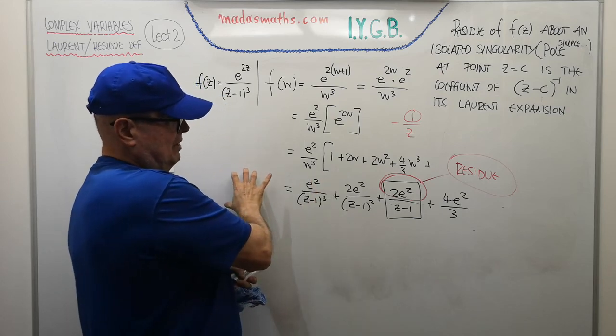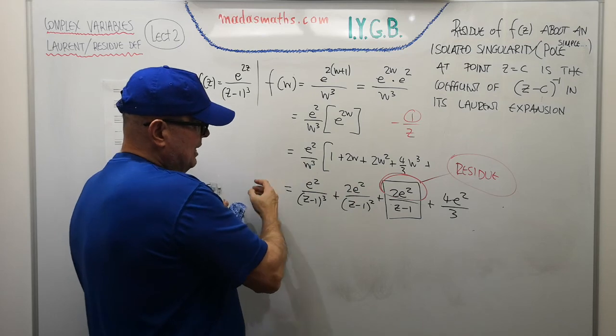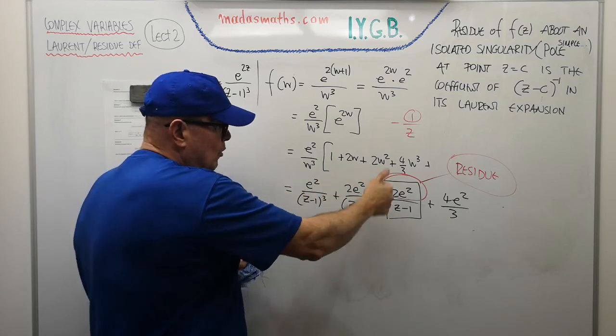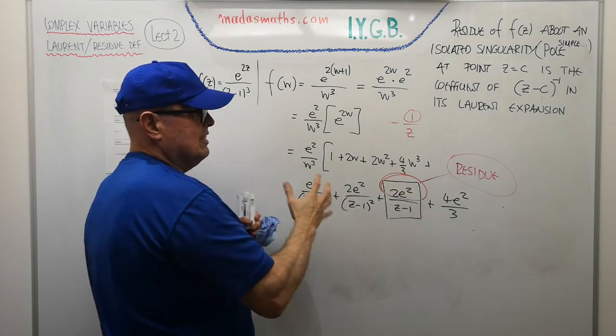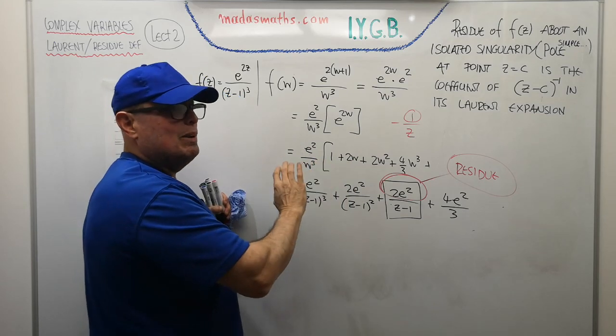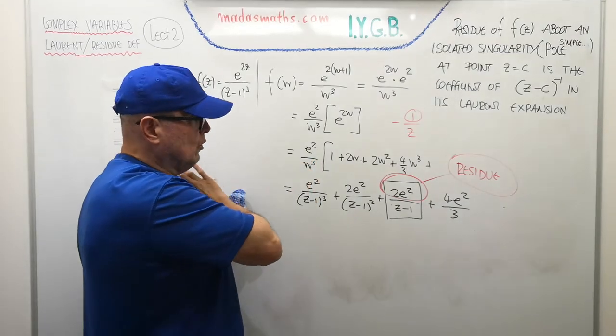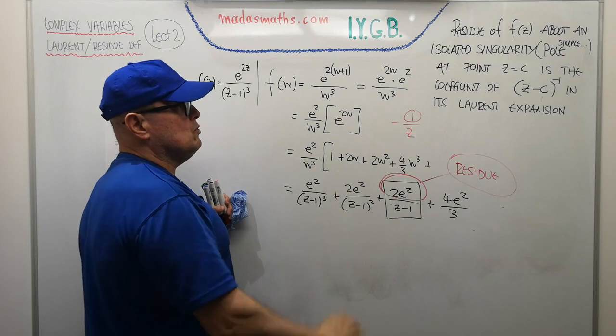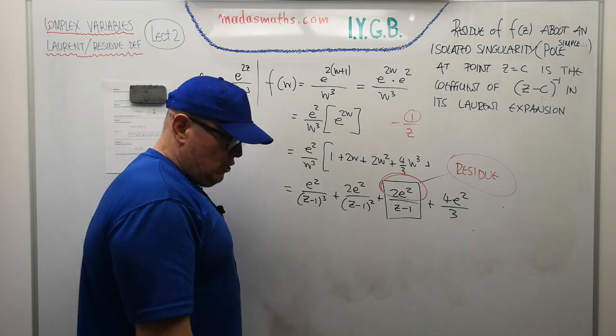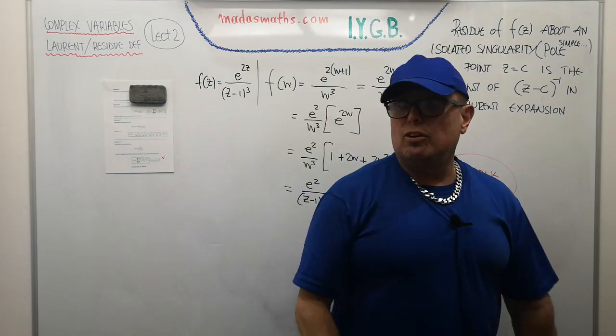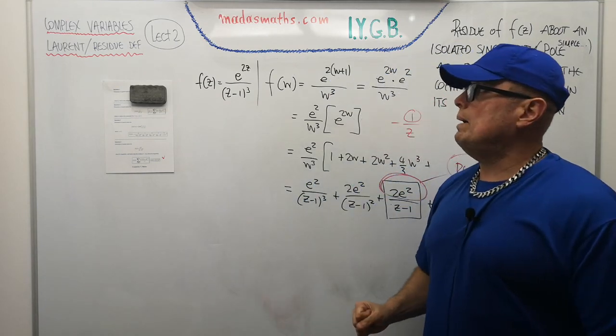You're timesing something by something in order to kill some of these terms, in order to read off this coefficient essentially. But we're not going to look at the formula or prove it or anything like that. There's a formula, just use it, find residues. So I hope you got an idea of what Laurent is all about.